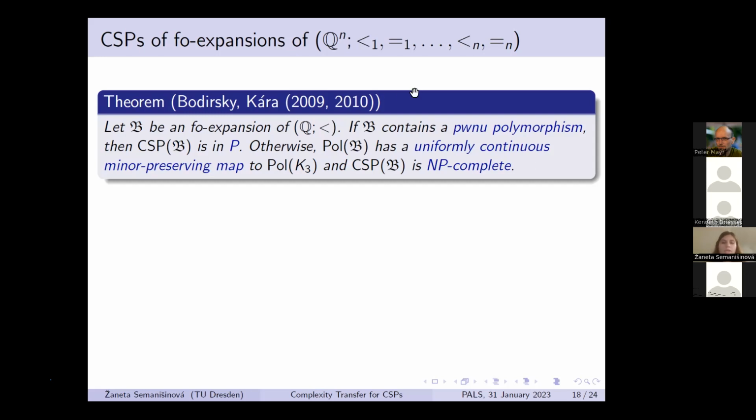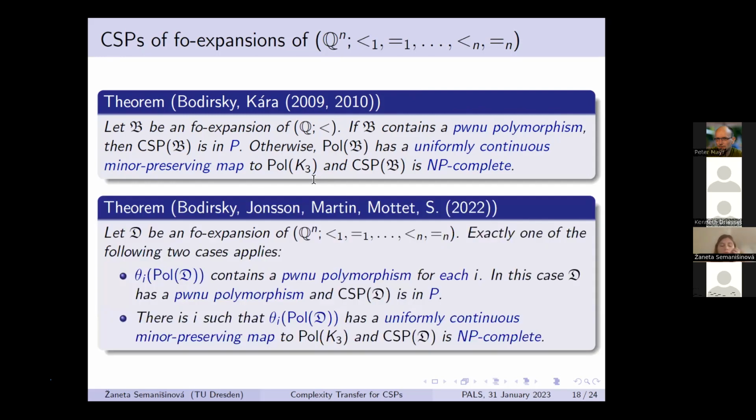So if you have a first-order expansion of Q with order that contains such a pseudo-weak NU polymorphism, then the CSP is tractable, and otherwise it has this hardness condition, that you have a uniformly continuous minor-preserving map to polymorphisms of K3, and the CSP is NP-hard.